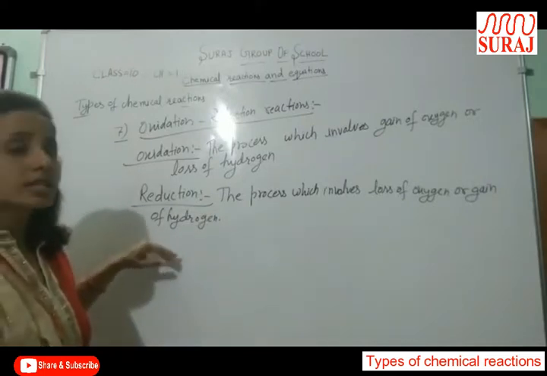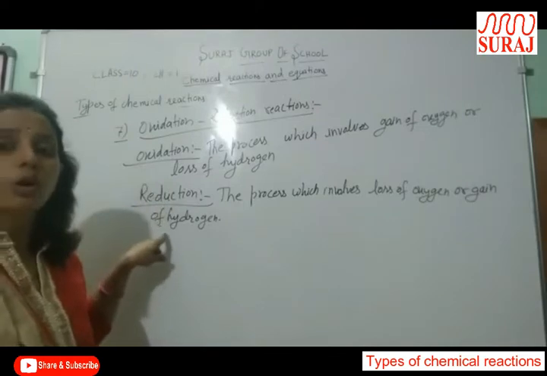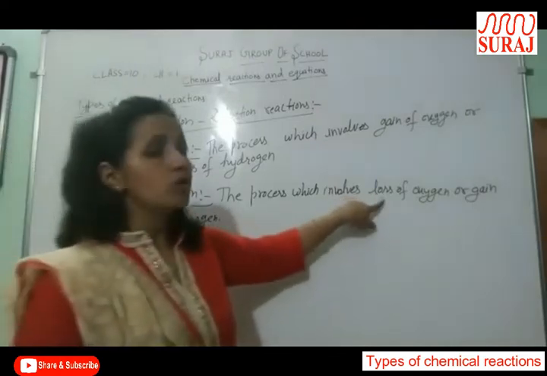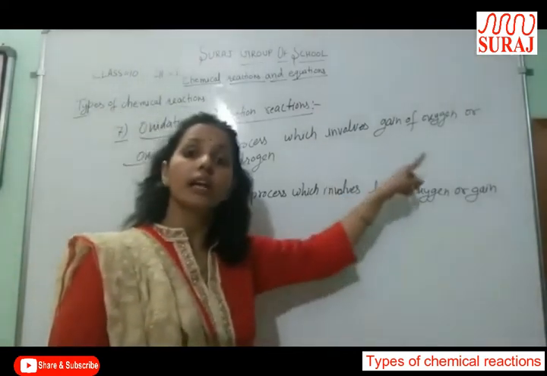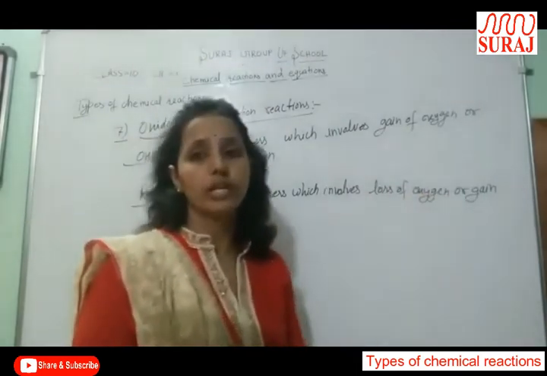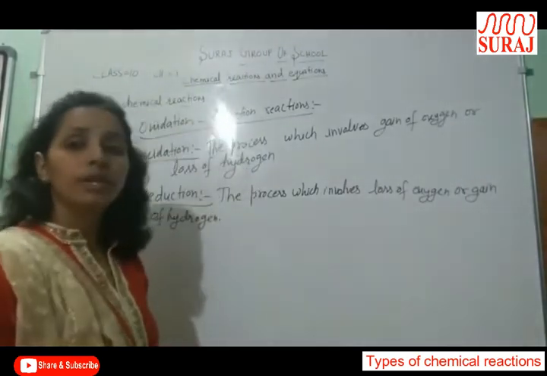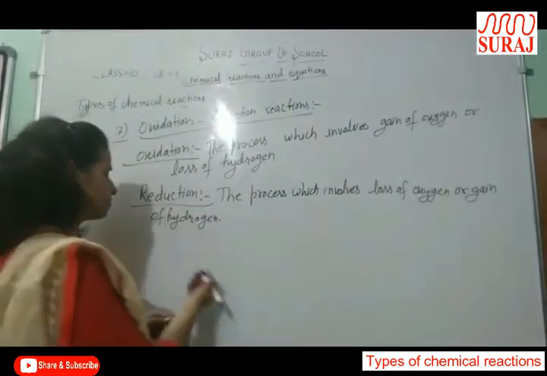Reduction is just the opposite of oxidation, in which loss of oxygen or a gain of hydrogen is taking place. That type of process is known as reduction. We can take an example for this.